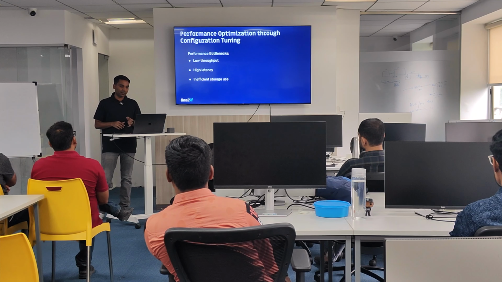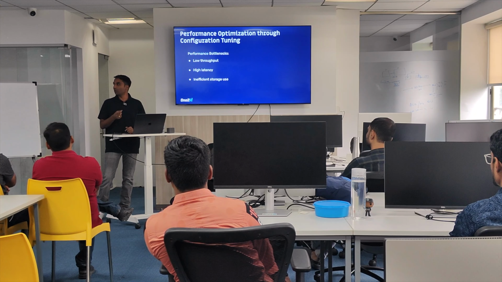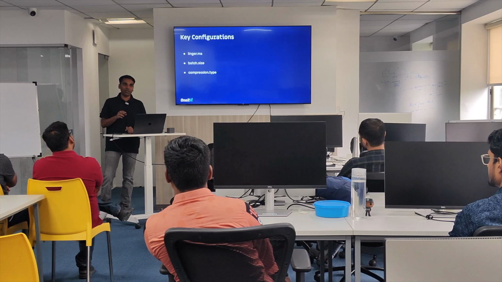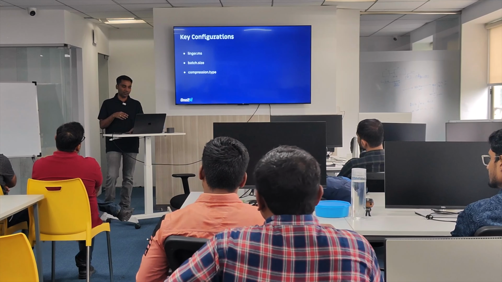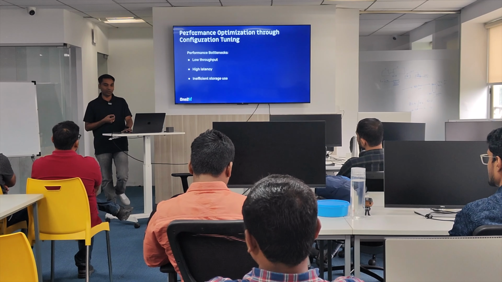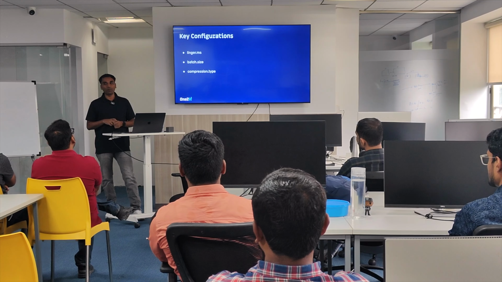So these are the three areas where we should optimize the configuration of your system. Specific to the Kafka world, there are a lot of configurations, but as we highlighted, these three are the important parameters or bottlenecks for performance.